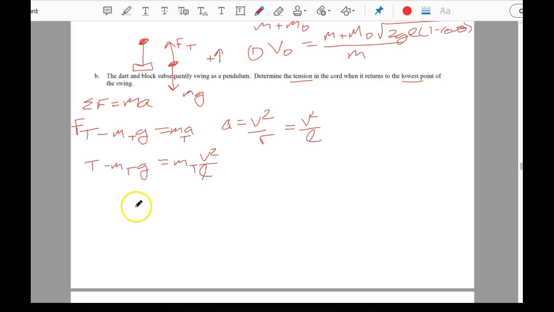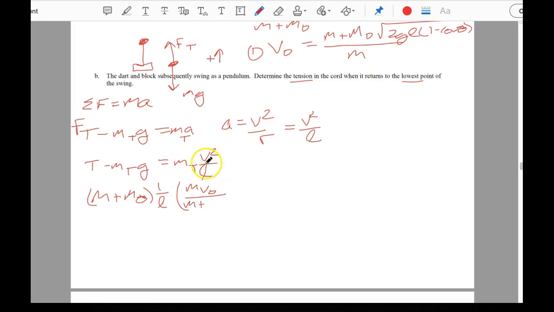Now we need to substitute everything into our equation, for mass total and for V. So we're going to get M plus MO, from earlier, times 1 over L, times MVO over M plus capital MO.